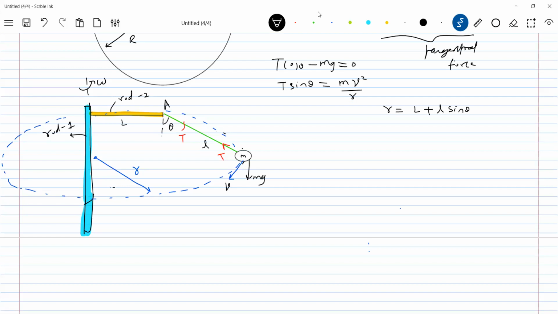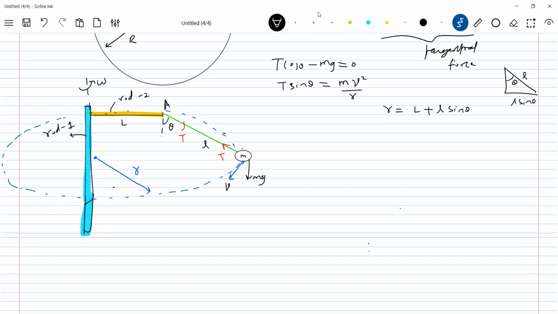With this one, L plus L sin theta. How? This is L. So if you draw a triangle, it will be like this, no? What will this distance be? L sin theta. What is the radius of this circular path of the bob? L plus L sin theta. So you are going to substitute this here.